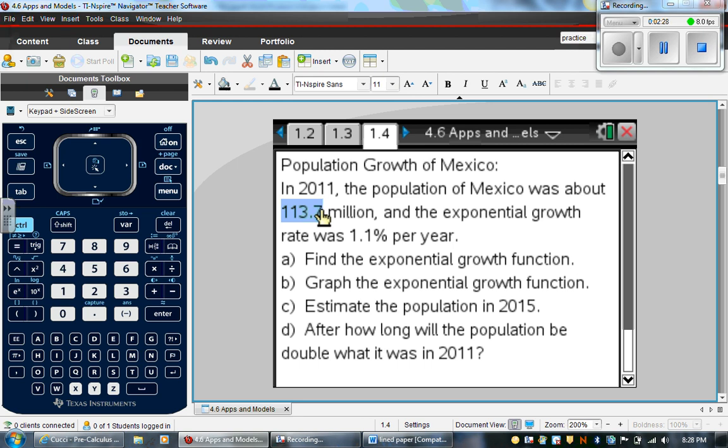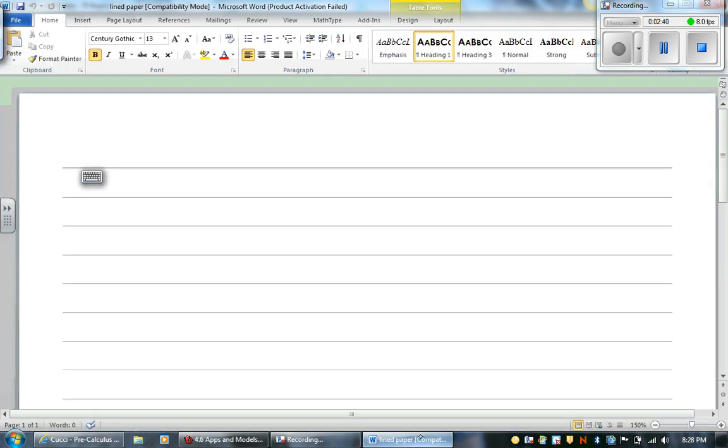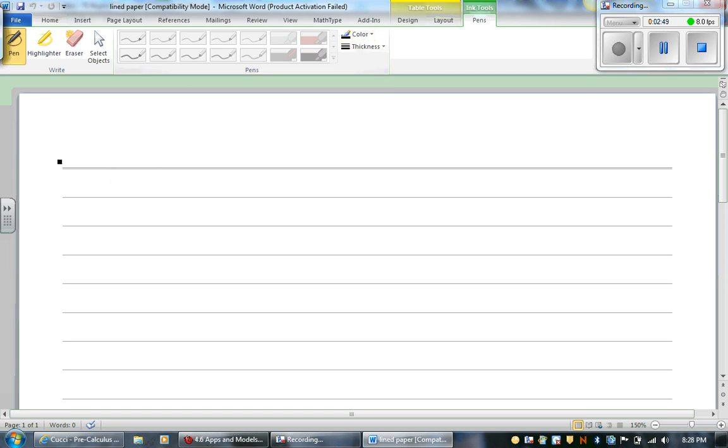So first parts first, we're going to go ahead and find the exponential growth function. So we have to think about all of our important information. Let's pull out what we know. We know that the initial population, or P sub 0, is 113.7 million people. Okay?